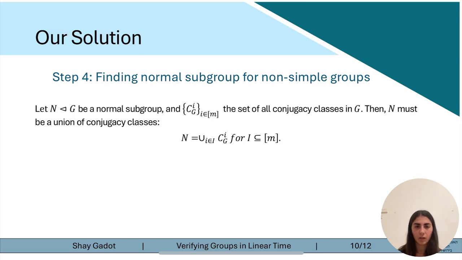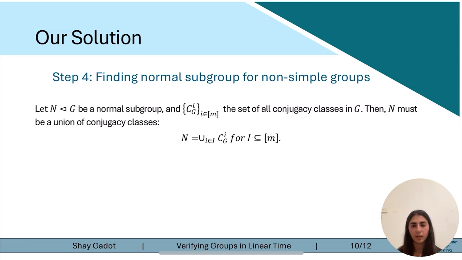So we let N be some normal subgroup in G, and let the set C_i for i in M be the set of all conjugacy classes in G. So N must be a union of some of the conjugacy classes.